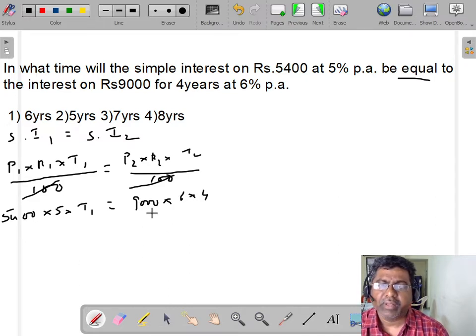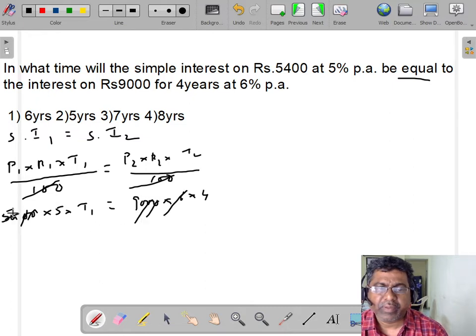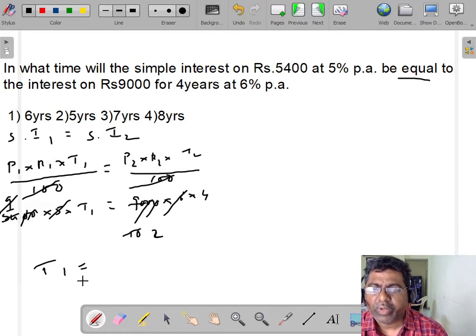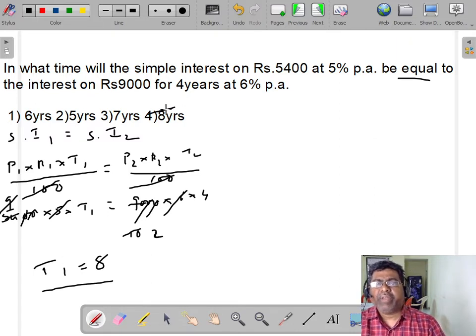Now we can cancel two zeros, these two zeros cancel. 6 ones are 6, 6 nines are 54, 9 tens are 90, 5 twos are 10. So now 2 into 4, therefore T1 is equal to 8 years. That is the required answer. Very simple.